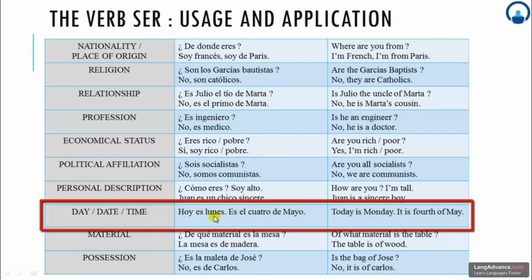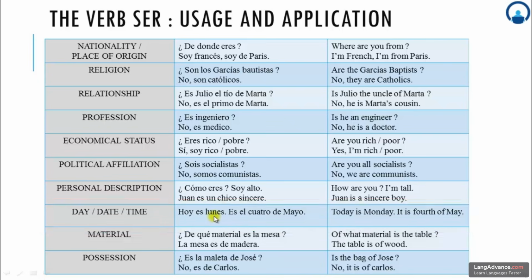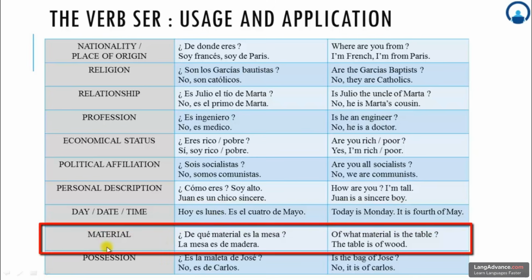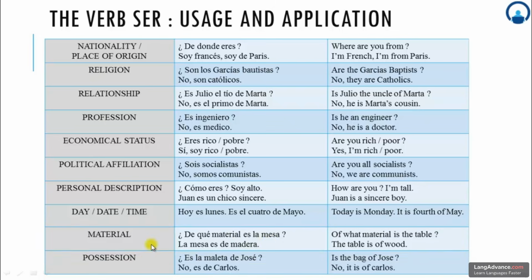It is not going to change in just an instant, and it will be changed to Tuesday or Wednesday, right? Next, material. Of course, this is not going to change, this is fixed. A table is of wood, so it is going to remain of wood forever. It can't be changed to plastic at some point of time.